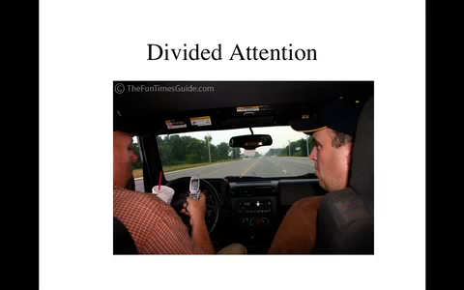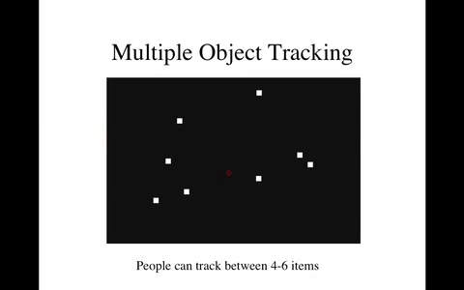Divided attention, as we mentioned, is when we can pay attention to multiple things at once. We gave an example of multiple object tracking. People can track between 4 and 6 items, and in these examples, things move around the screen and you have to watch them. You have to keep track of multiple items, and the subjective experience is that you can essentially pay attention to multiple things on the screen at once.